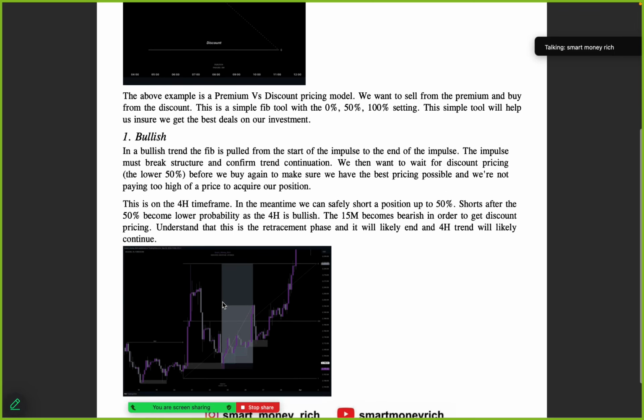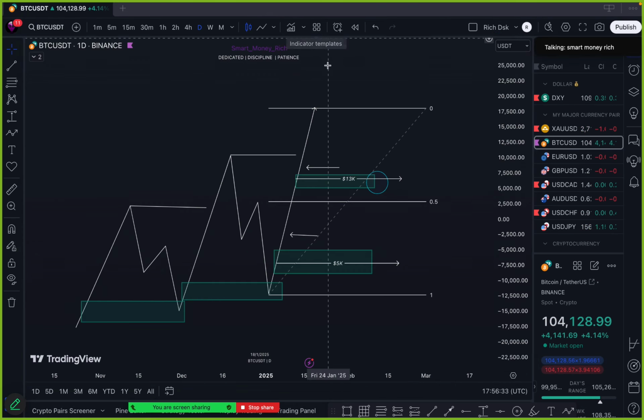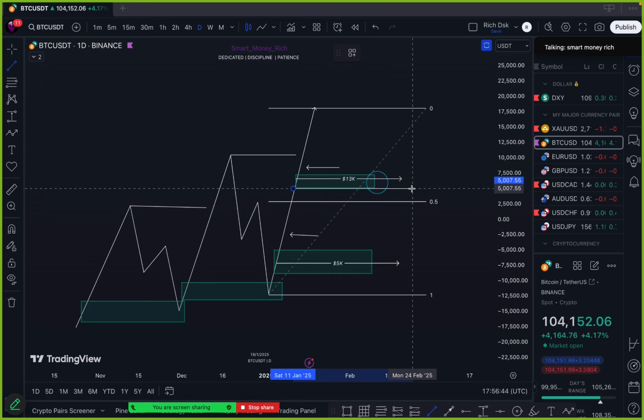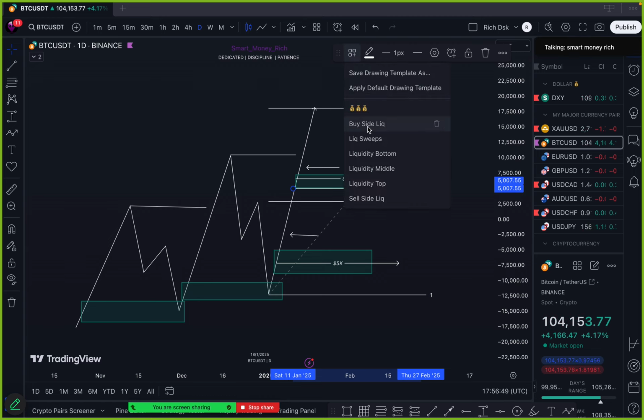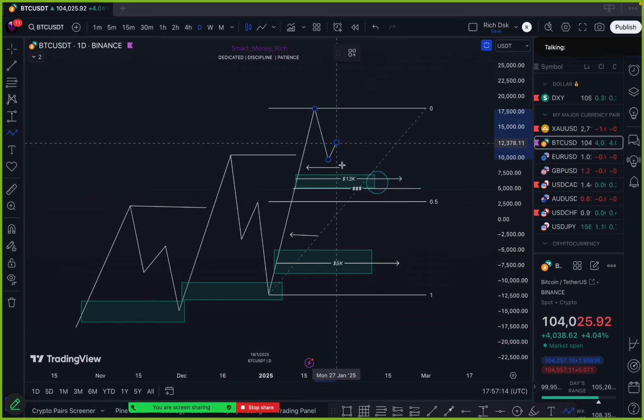You understand, guys? So in this case, what we have here is that this demand zone here is a fake demand zone, and it is therefore considered to be an inducement. Liquidity. That is going to be a liquidity right there. It's not a demand zone. They only created this demand zone to attract buyers, to mitigate this demand, pull up.